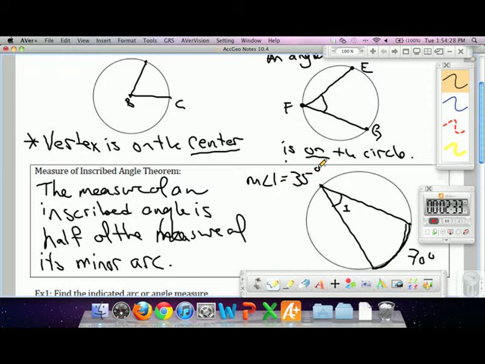Then the measure of angle 1 is half as big as its minor arc. So whatever its minor arc is, we'll divide it in 2, and we'll get the angle measure for our inscribed angle.